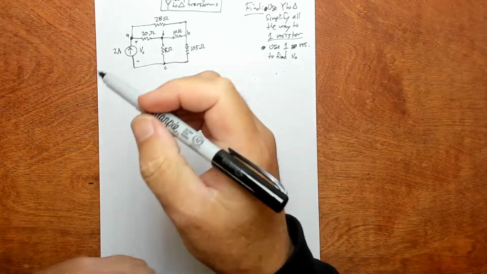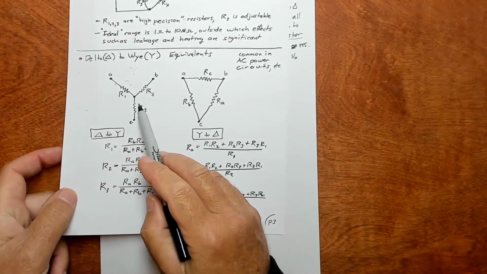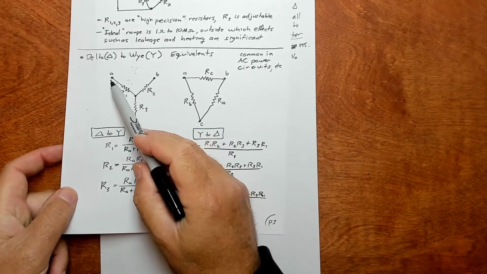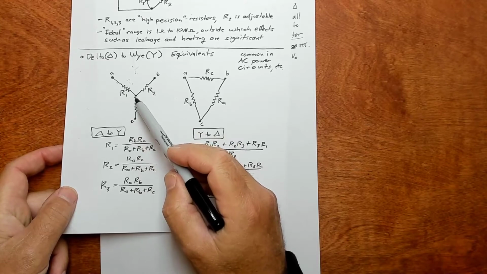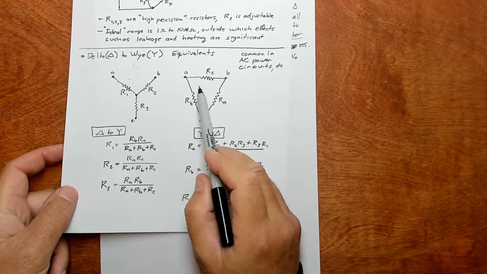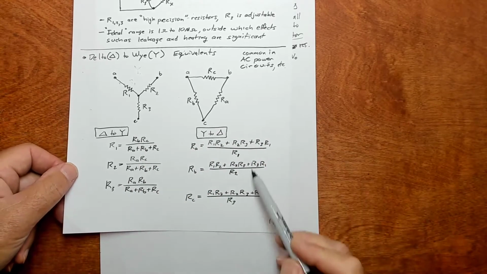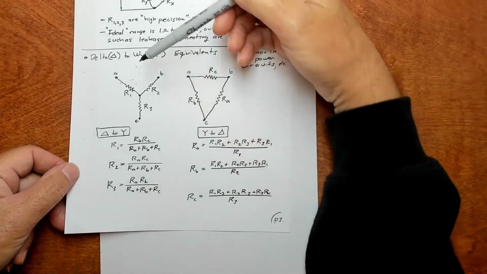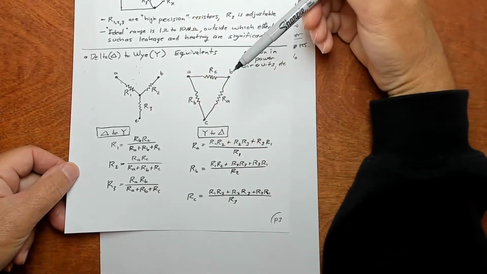And if you look back at the math for a delta to Y transform in the notes, there's nodes A, B, and C. There's also a node here that's not labeled, because it disappears. When we convert from Y to delta, this middle node disappears. So all of these equations which we're going to use are referenced in terms of A, B, and C, and 1, 2, 3.